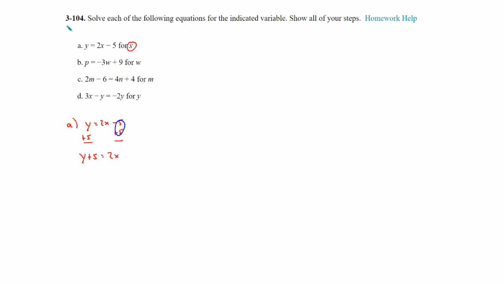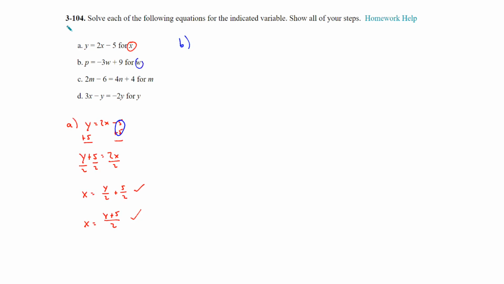So it's equal to 2x. Now we can divide by 2. And so x is equal to y over 2 plus 5 over 2. You might have just divided everything by 2, and that could have been y plus 5 divided by 2. So either one of these would work.